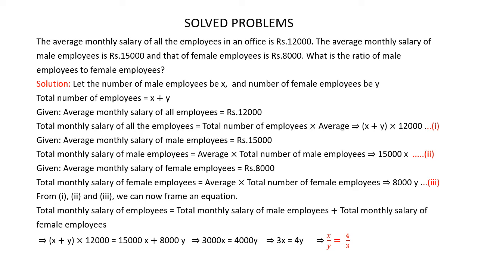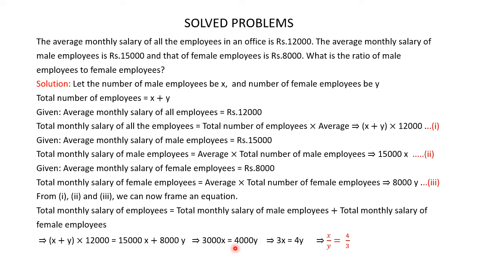So from equations 1, 2 and 3, we can now frame the equation: total monthly salary of all the employees is equal to total monthly salary of male employees plus total monthly salary of female employees. This is nothing but (X plus Y) multiplied by 12,000 is equal to 15,000X plus 8,000Y.